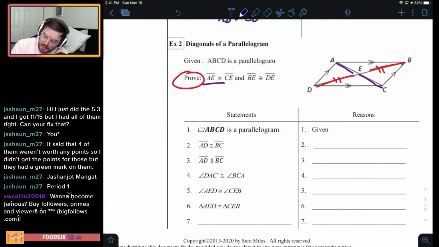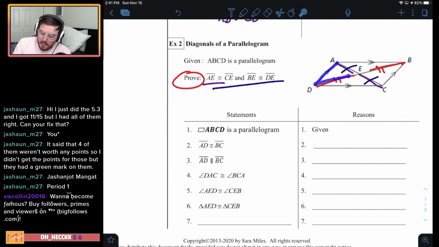Well, if I can prove that this triangle is the same as this one, then this leg and this leg ought to be the same. So that means the diagonal has been split in half. If both sides are the same length, that's the definition of being split in half.